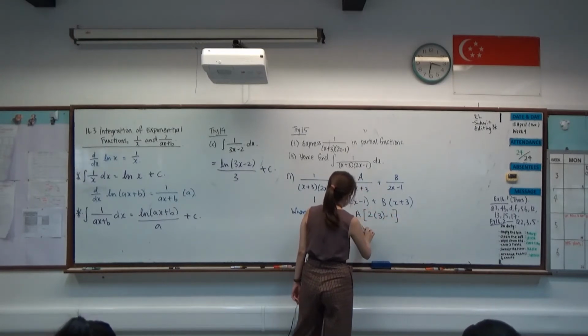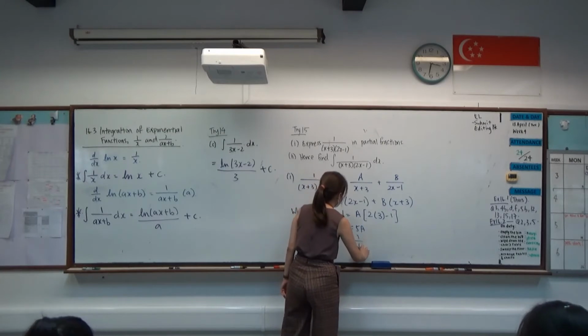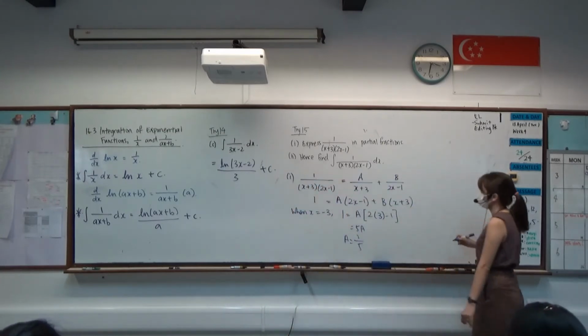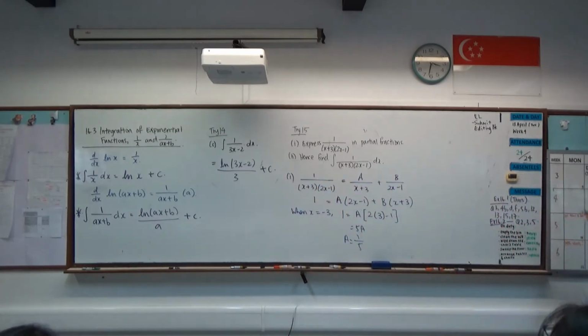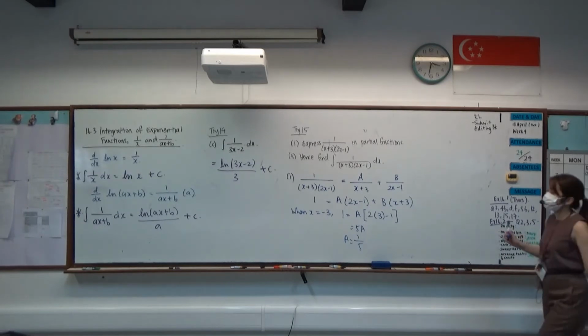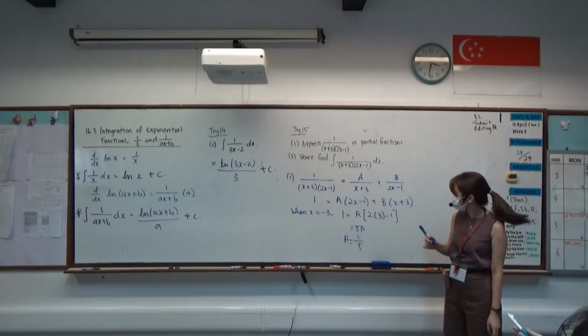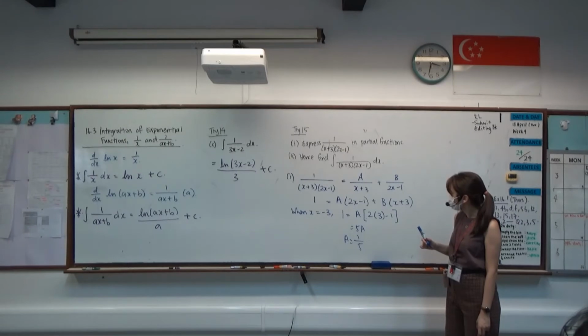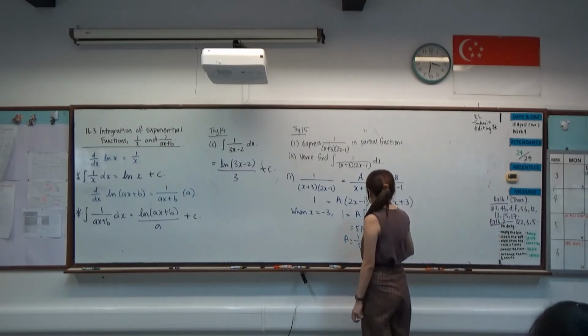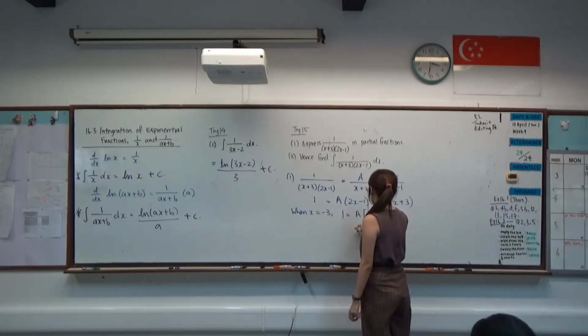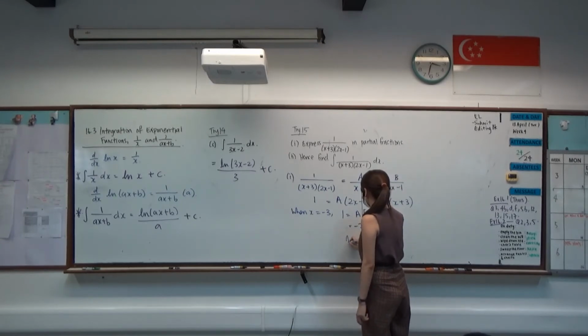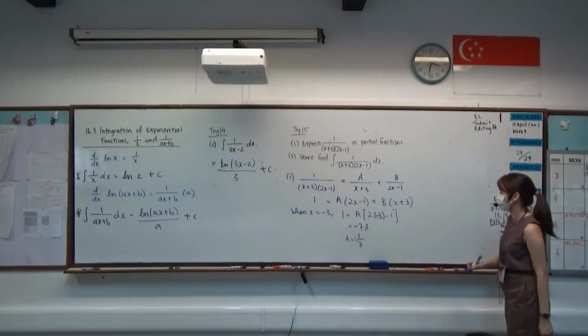So that's my a. Oh, sorry, the negative is negative 7 then. So a is negative 1 over 7.